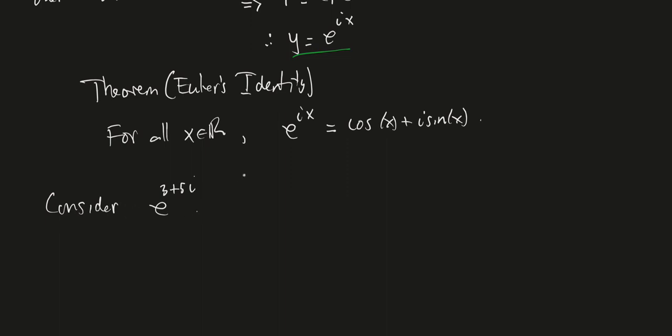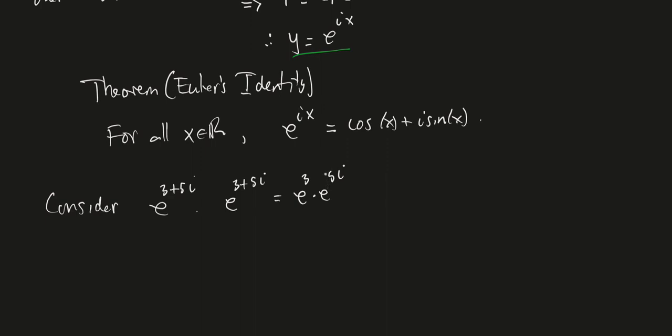Well, I can write this again in this trigonometric form. So I can take this exponential that's raised to a complex number and write it in terms of sine and cosine, right? This is just a little example. So using that property of factoring the exponential, I can write this as e to the third power times e to the 5i.